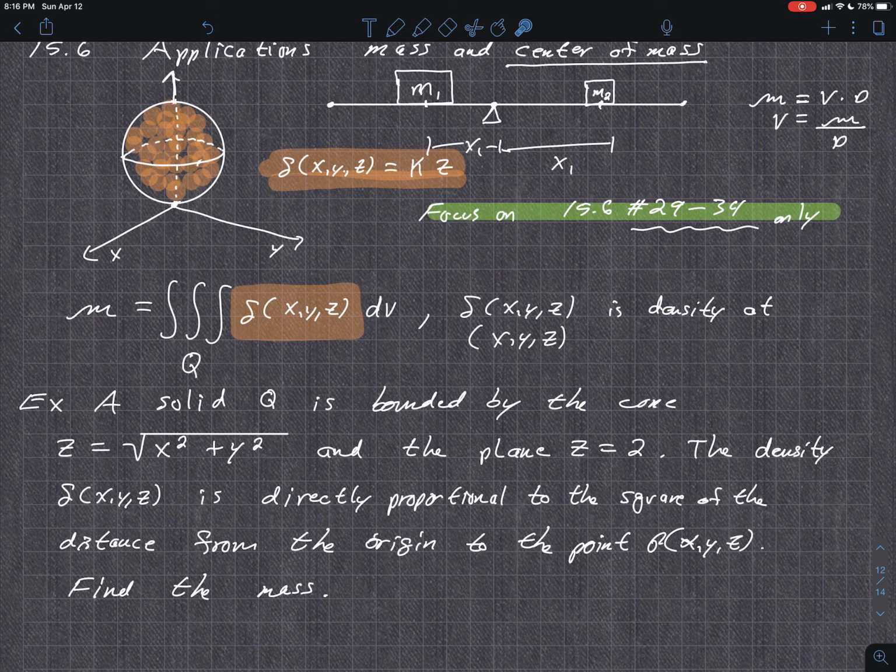If the density goes up, for it to be a constant volume, the mass has to go down, or vice versa. So mass is volume times the density.